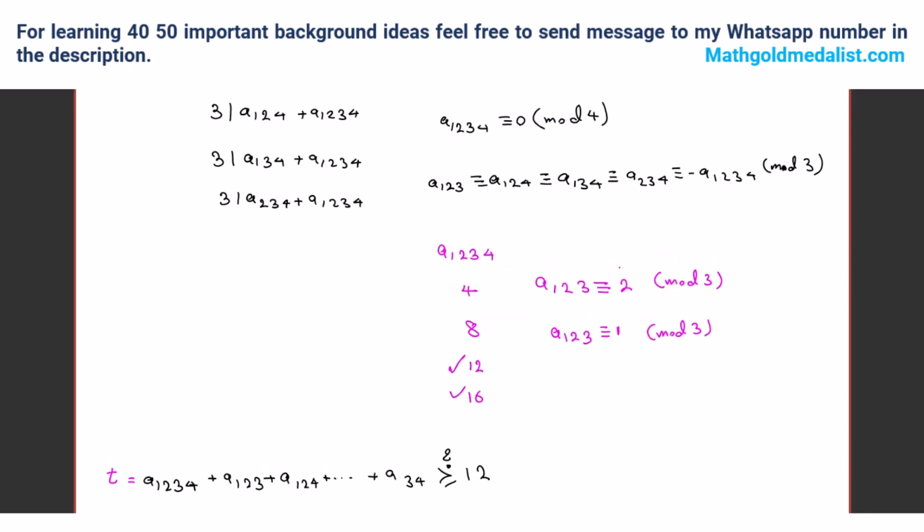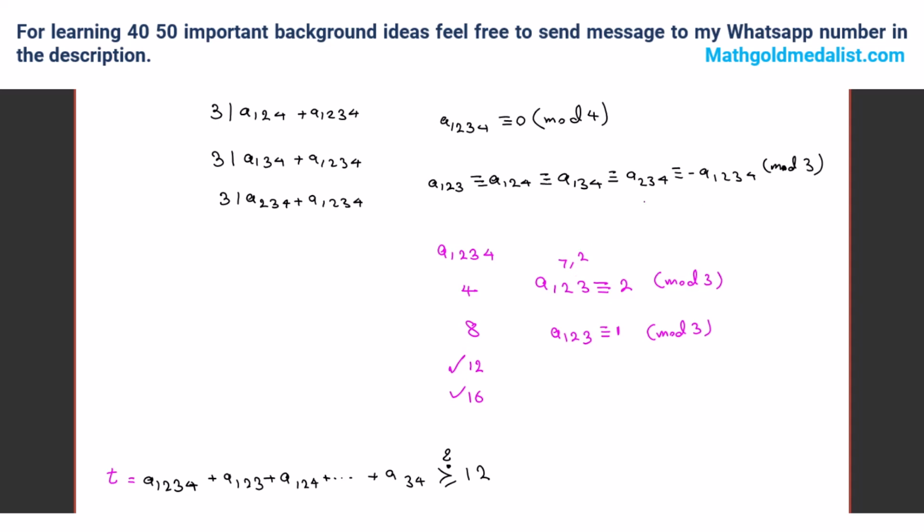Want a hint or want to try to prove this part on your own? Wait, isn't it just because 1, 2, 3 would be greater than like 2 mod 3. For this one, A1 to 3 is at least what? 2.